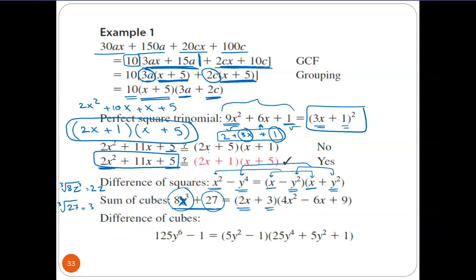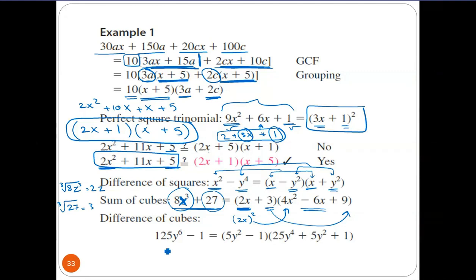Now, the first squared, 2z squared, equals 4z squared. Multiply 2z with 3, we have 6z, and the second squared equals 9, like this.